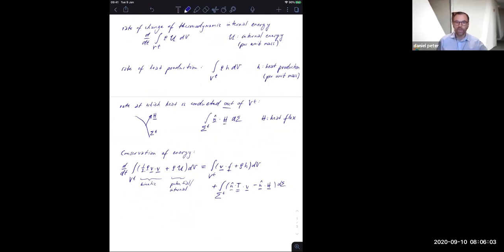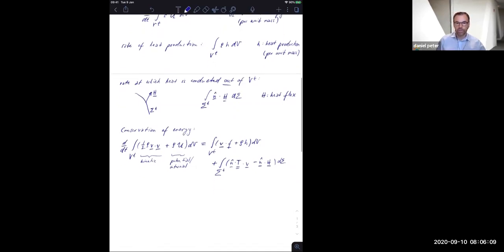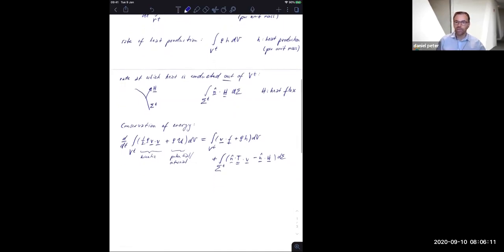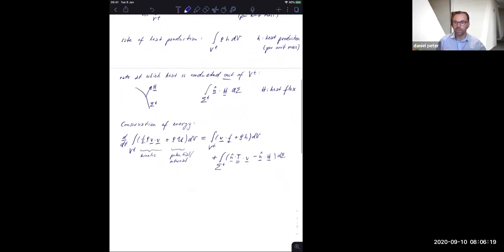So then everything is under a volume integral, which simplifies our lives, because it's then valid for any volume again. So we can look at the quantities under the integral especially. So let's put everything under a volume integral.